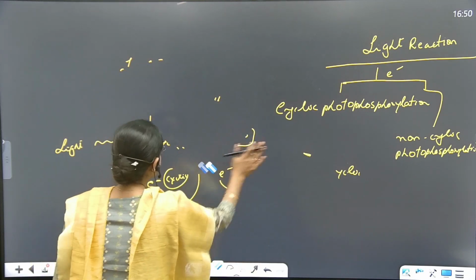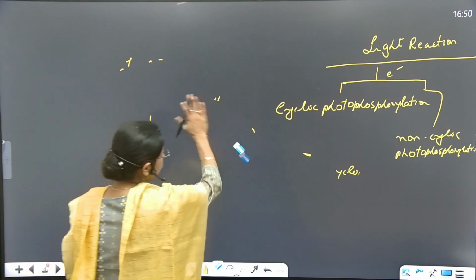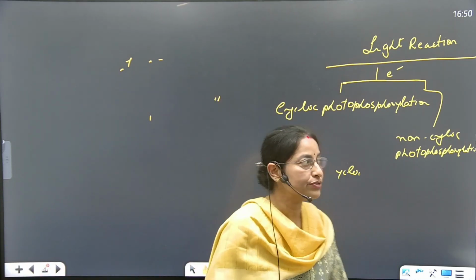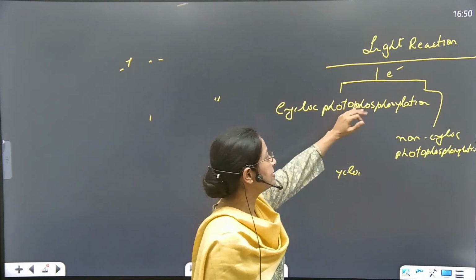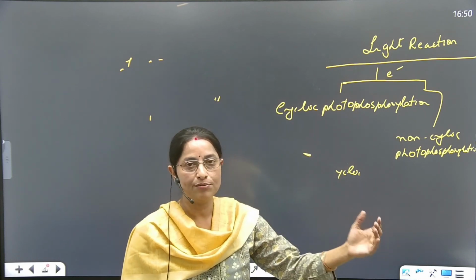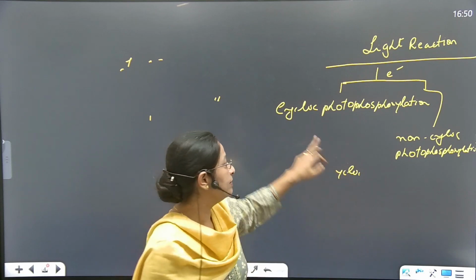So we are just trying to understand light reaction in very simple language. In light reaction, electrons come out. Chlorophyll A reaction center ejects electrons. Where do the electrons go? There are two paths: either the cyclic pathway or the non-cyclic pathway. Instead of the word pathway, what have we written?